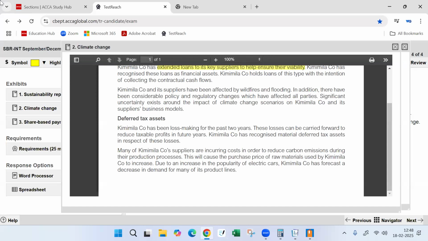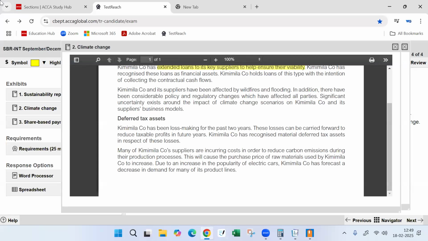Correct, right? So because of that, the assets could be affected by the climate change. How will climate change affect it? Because of climate change, the suppliers' businesses are getting affected. If the suppliers' businesses are getting affected, they will not be able to pay us back. If they are not able to pay us back, what will happen? There will be impairment loss. Isn't it? There will be impairment loss.